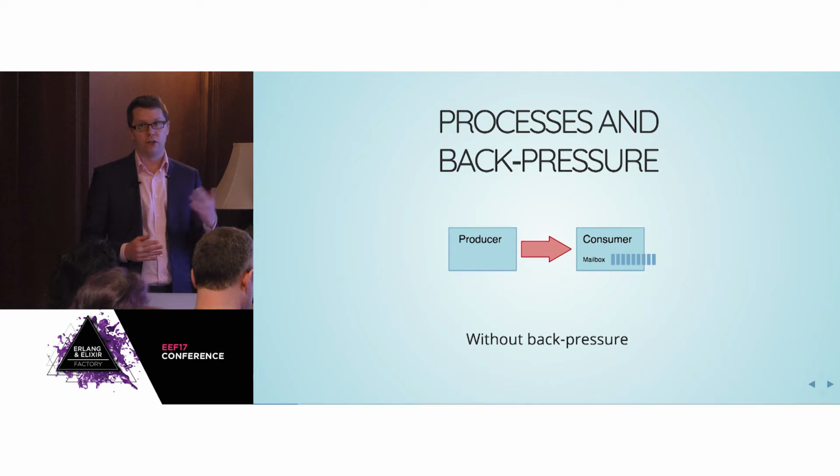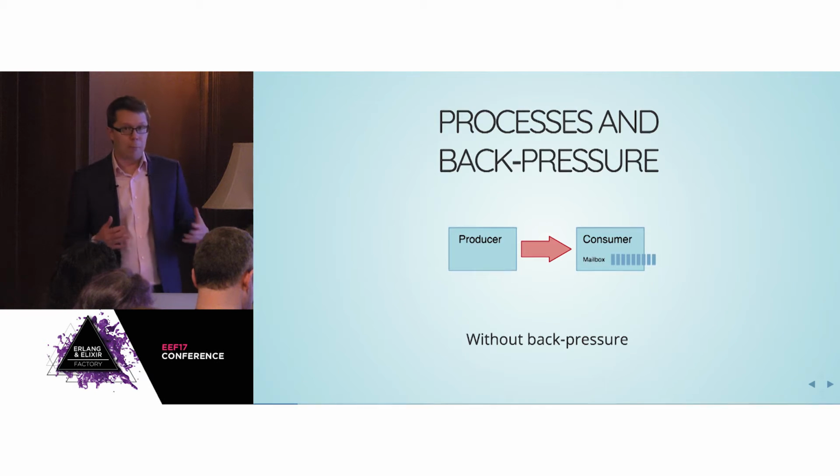So as these messages are coming in, they're filling up the consumer mailbox, and there isn't really a bound to this. Prior to Erlang 19, the consumer mailbox could fill up so large that it would take up all of the memory on the machine and bring down the entire BEAM, which is probably not what you had in mind when you were planning to let it crash.